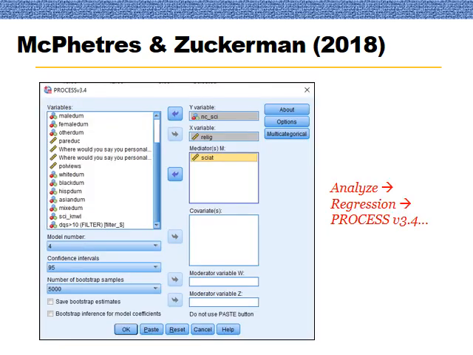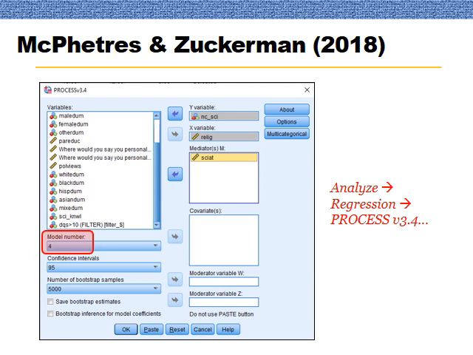As I mentioned a few slides ago, we will use process model number 4 to test for simple mediation. Again, our X variable is religious belief, our Y variable is scientific knowledge, and our mediator variable is attitudes towards science. So we'll put those variables in the corresponding spots where they need to go.